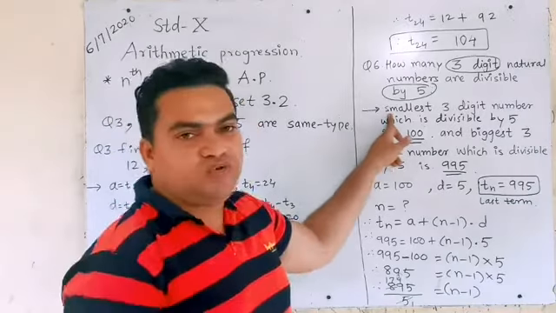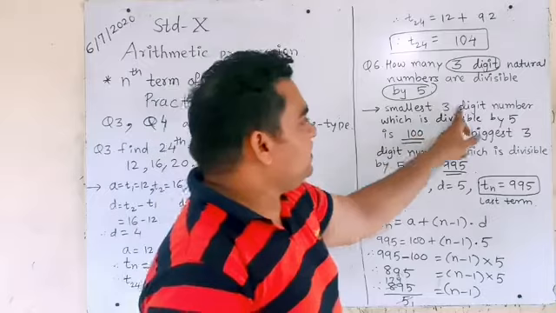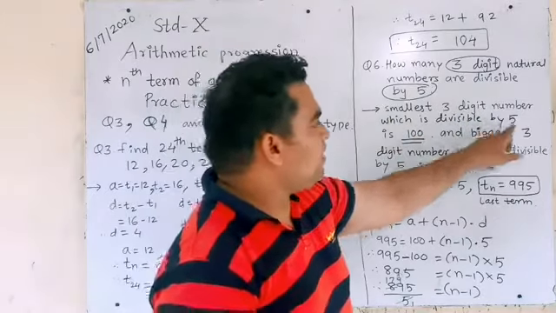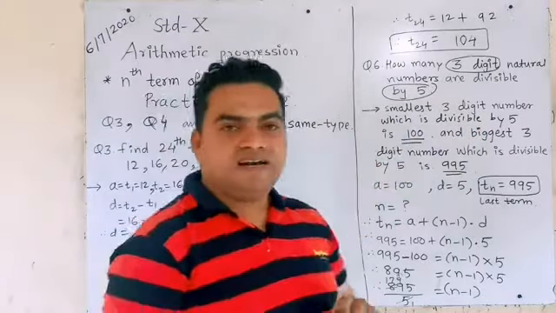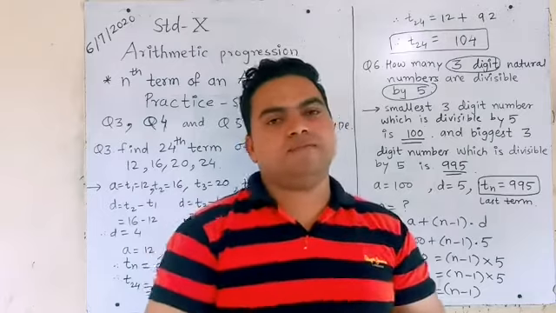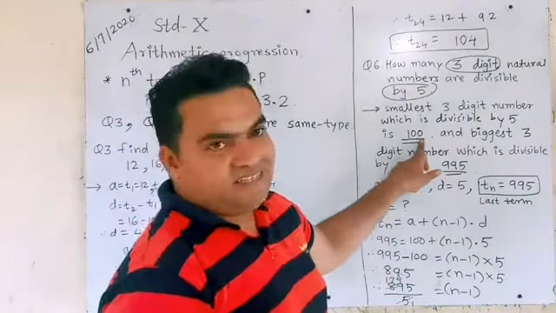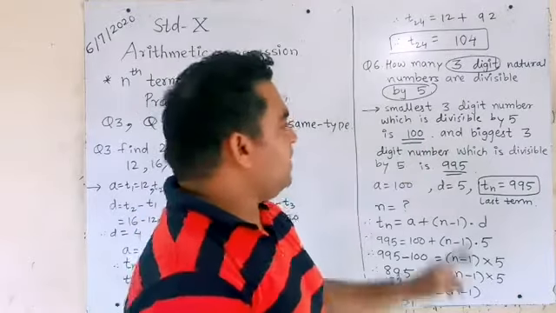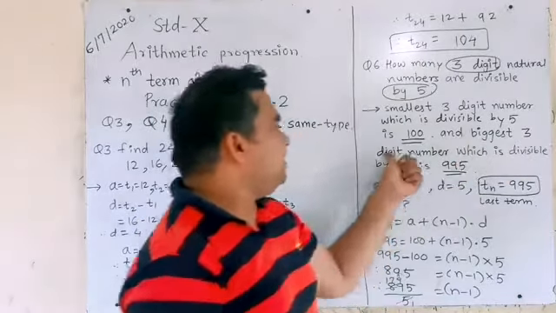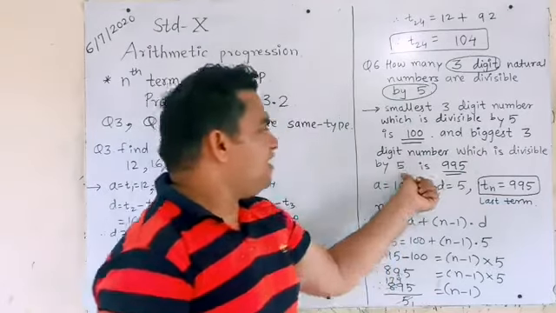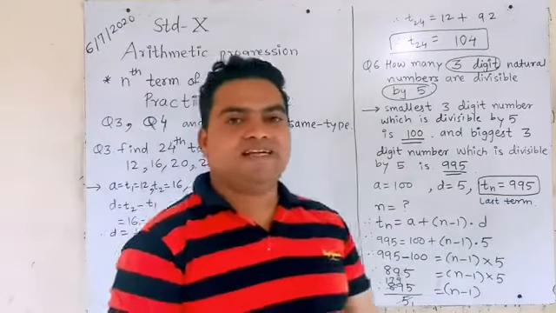How I understood it, I am writing. The smallest 3-digit number which is divisible by 5 is 100, because at the unit place there is a 0, so it will be divisible by 5. And the biggest 3-digit number which is divisible by 5 is 995.